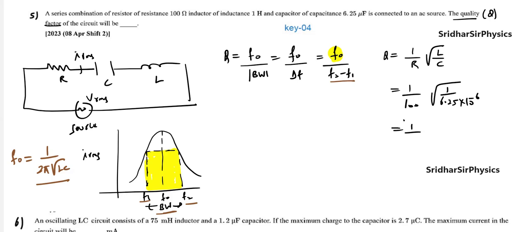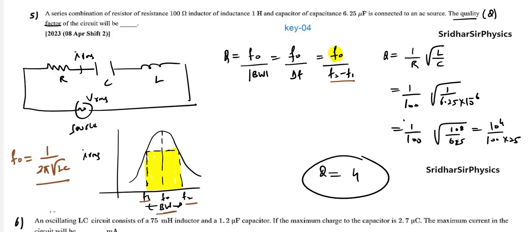Then after calculation this will become 1 by 625 into 10 to the power of 8, 400 into 25, so it will be 24. It has no unit.